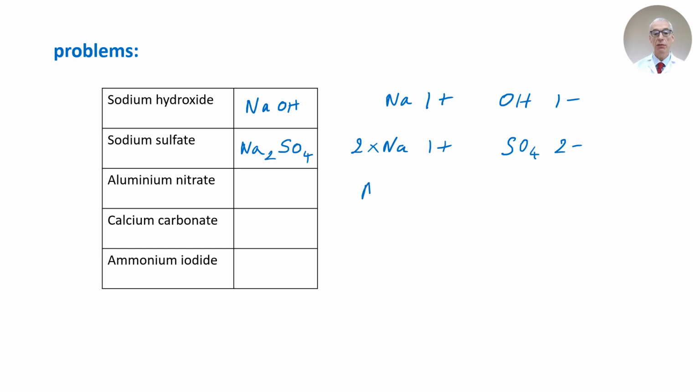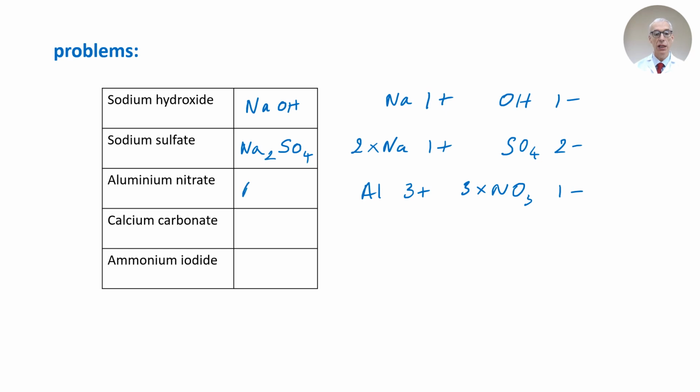Aluminium nitrate. Aluminium is in group 3, so it's a 3 plus ion. Nitrate, you have to recall, is NO3 1 minus. Any variation on that is incorrect. So I need 3 nitrates to cancel the 3 plus on the aluminium, so the ion charges sum to 0.